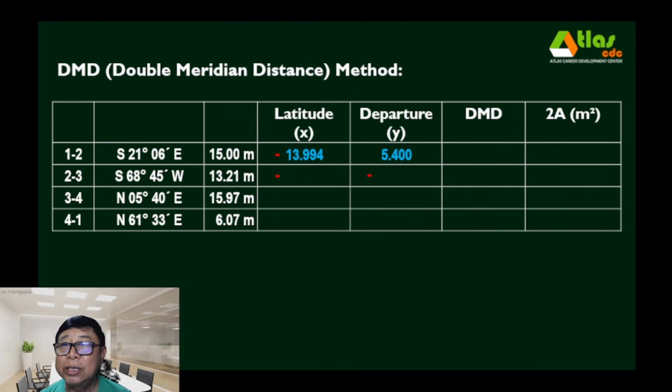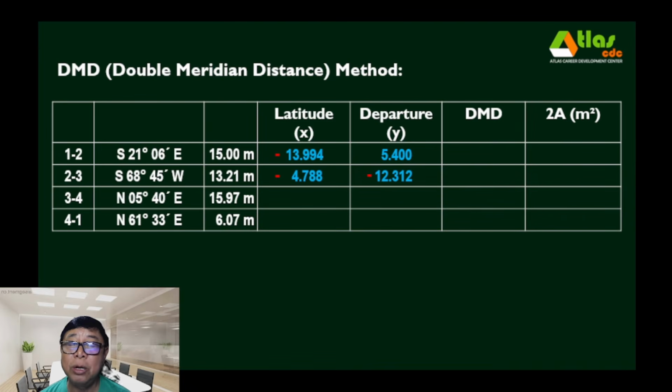And so you will be doing the same for the rest: 2 to 3, 3 to 4, and 4 to 1. Using your calculator, the values that you will arrive at will be like this. For 2 to 3, it will be negative 4.788 and negative 12.312.